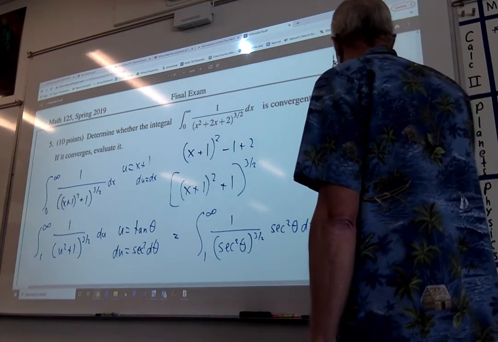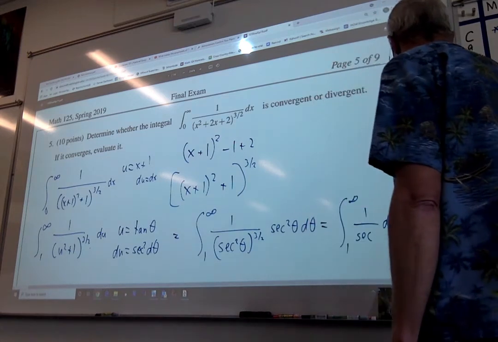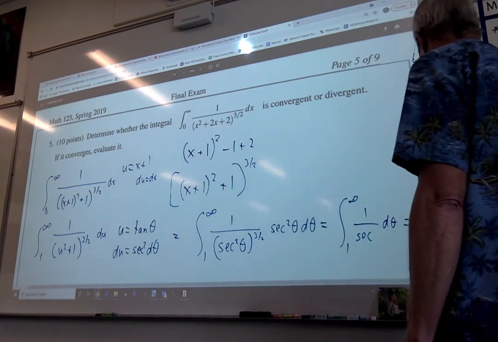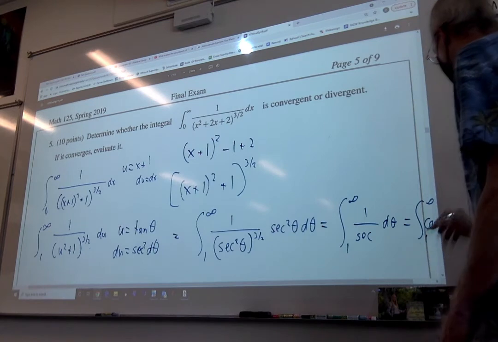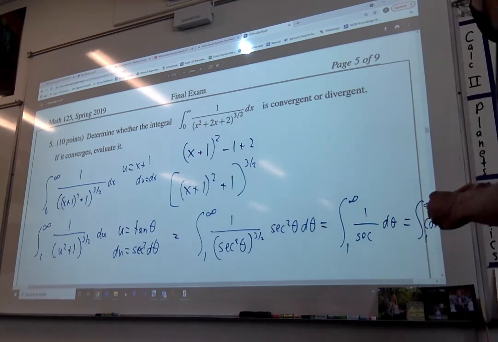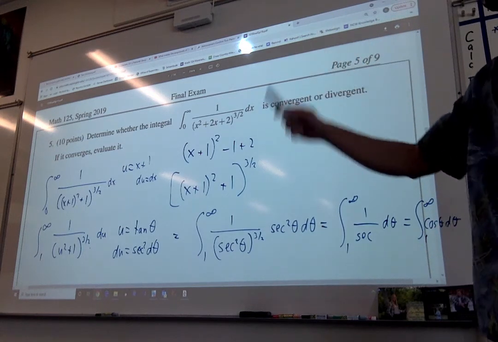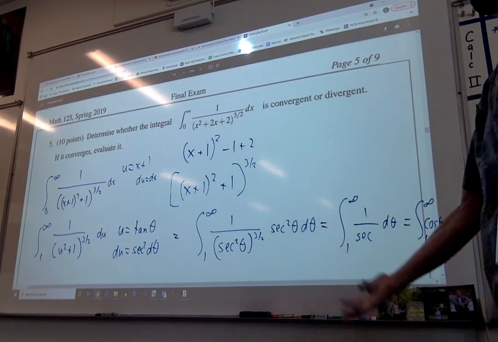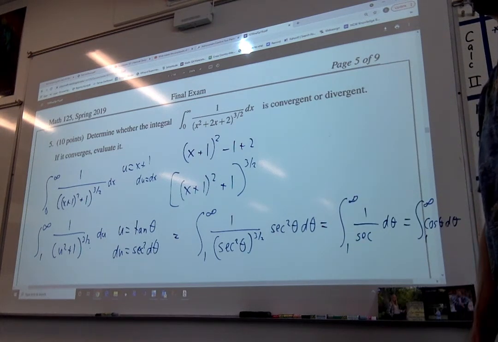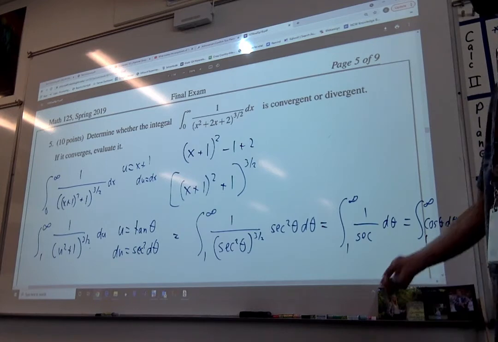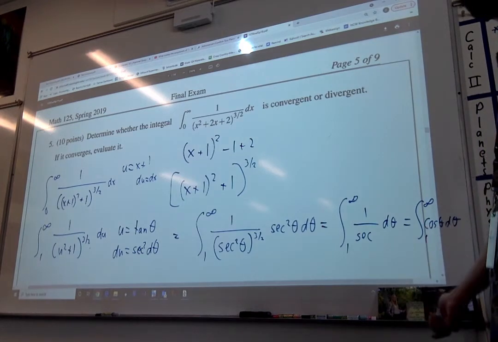So this is just the integral of cosine d theta from 1 to infinity. Whoa. That does not converge, right? Because cosine goes back and forth. You're not going to get an answer. So it's divergent. Or the integral of cosine is sine theta.